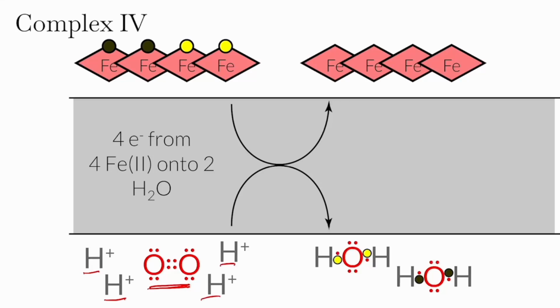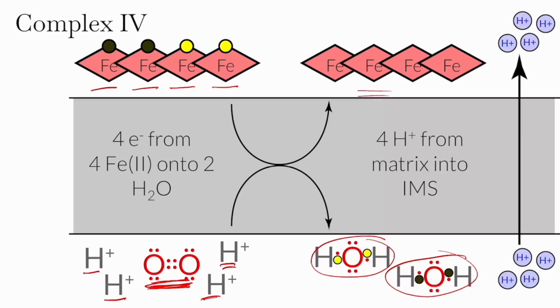So the way complex 4 works is it takes 1, 2, 3, 4 cytochrome Cs that were reduced by complex 3, takes those 4 electrons and sticks them onto oxygen and 4 protons, generating 2 new water molecules. So 4 electrons go from iron 2 onto 2 waters, and this then leaves 4 oxidized cytochrome Cs.